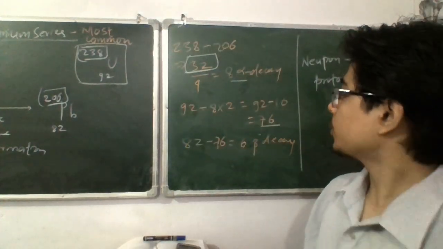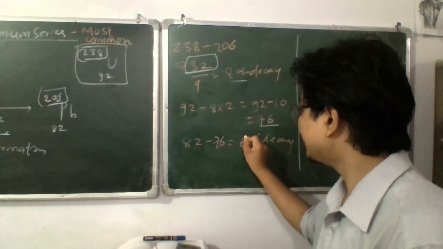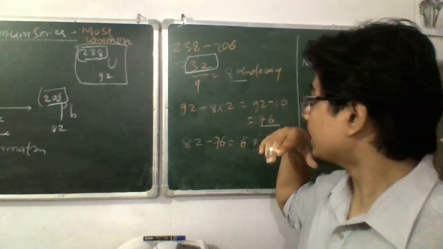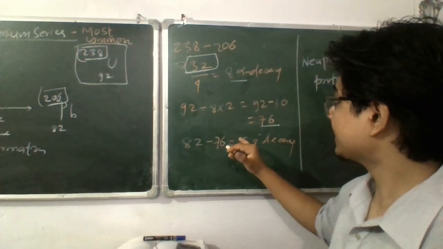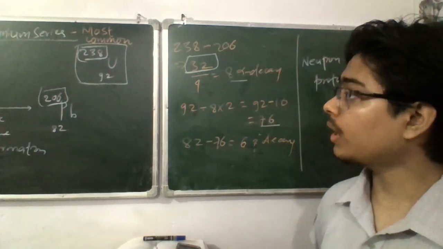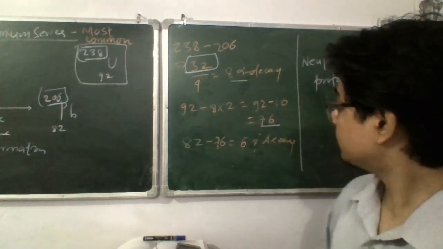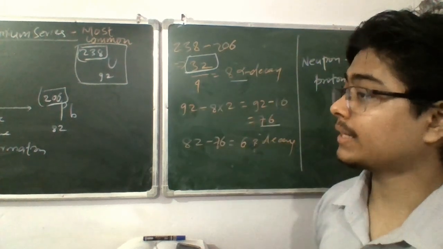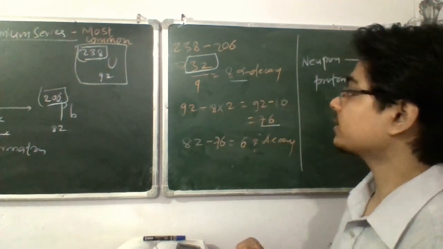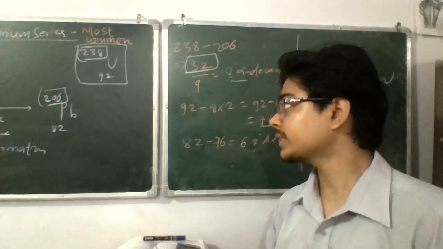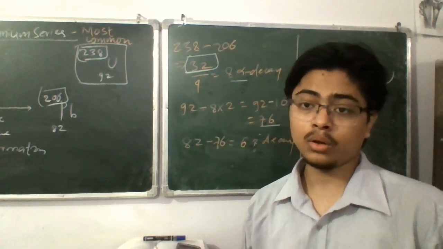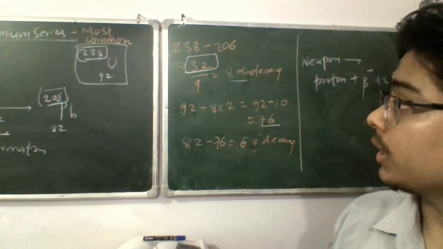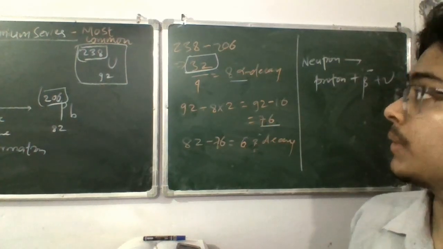If we work that out, we find that there are 6 beta minus decays responsible for adding 6 protons to that nucleus, as a result of which 206 lead 82 is obtained as a stable product. So this is about the uranium series.